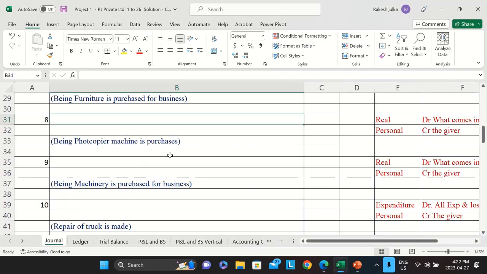So I'm just going to write here photocopier to Scotia Bank. Right. So what is the amount for this? Amount for this is $75,000.